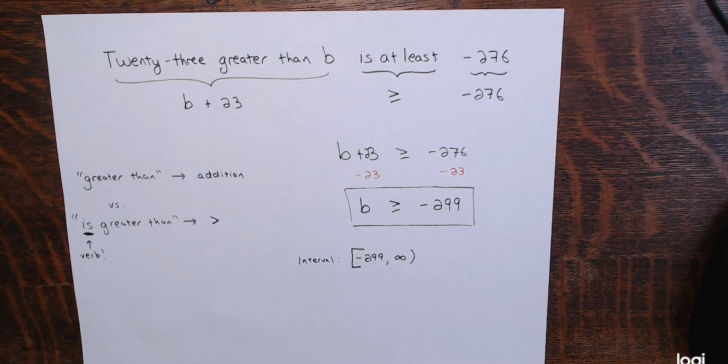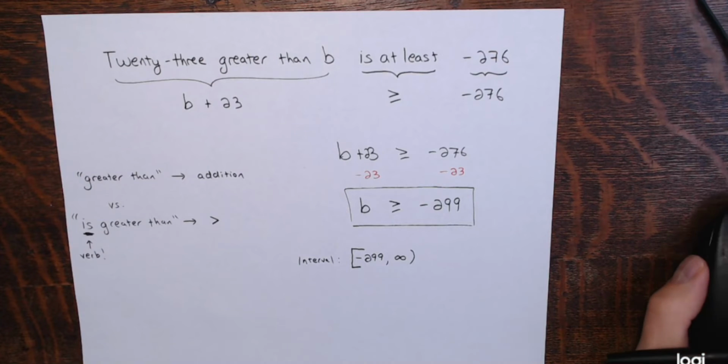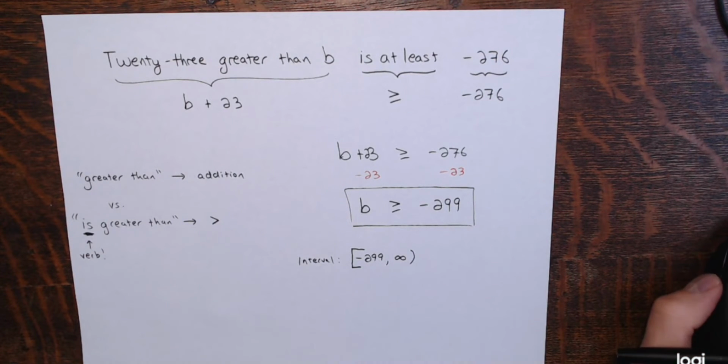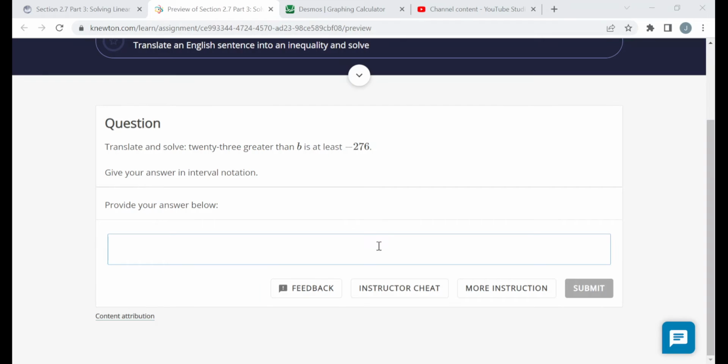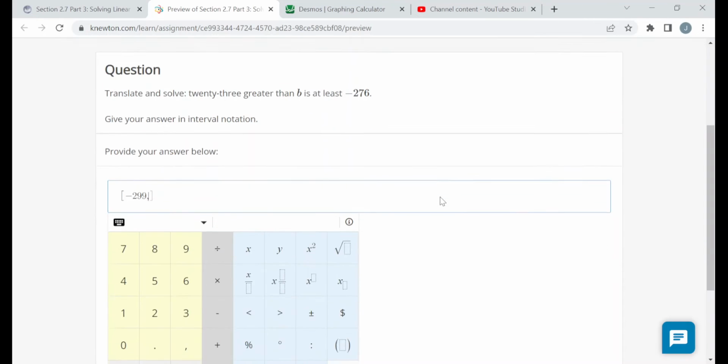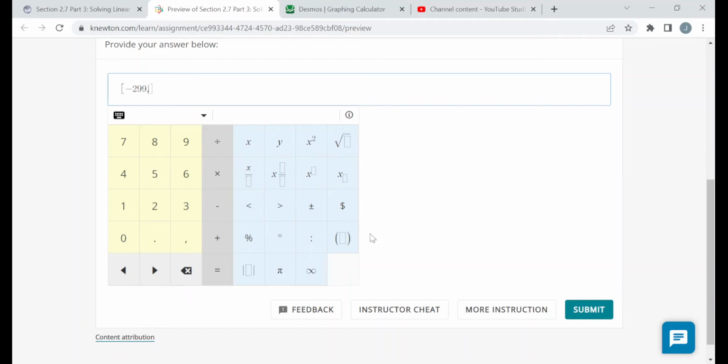That's not what this video is about. I'm assuming you know how to do that. And that's what they want. They want the solutions, the values I can replace b with to make this true, in interval notation. So left bracket, negative 299, comma, infinity. This is all the numbers greater than or equal to negative 299, and then always parentheses on infinities.